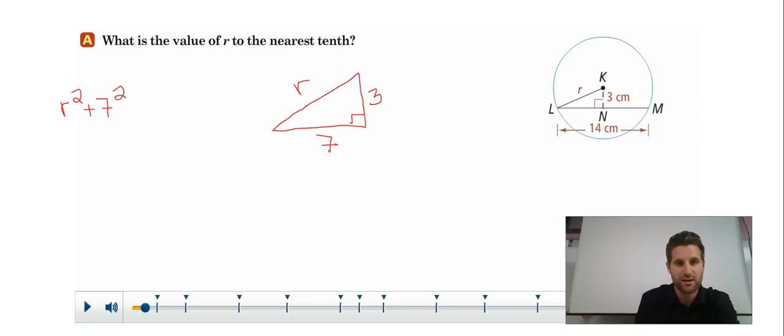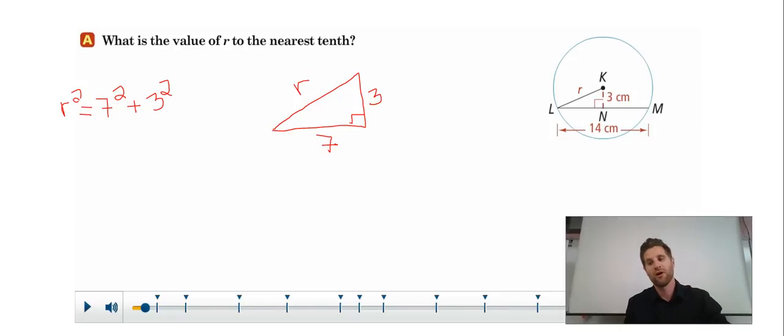Now I just added between all three of them. That is not correct. I do need to change one of those to an equal sign. So which one should I change? That is correct. R squared is actually our hypotenuse, so this one's the one that's left by itself. So we grab our calculator, and we're going to get 7 squared plus 3 squared, and we get 58 equals R squared.